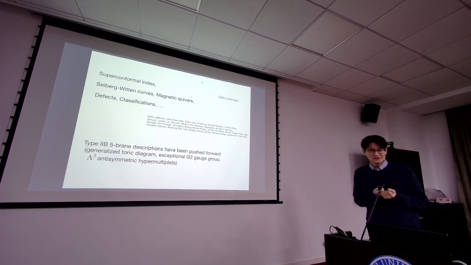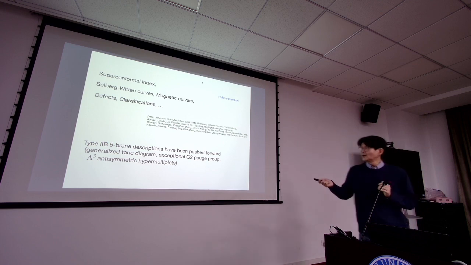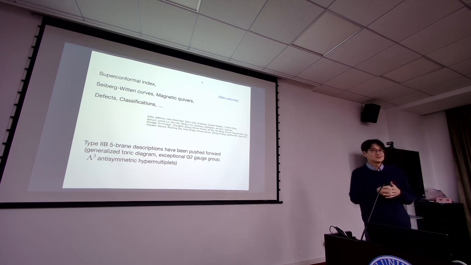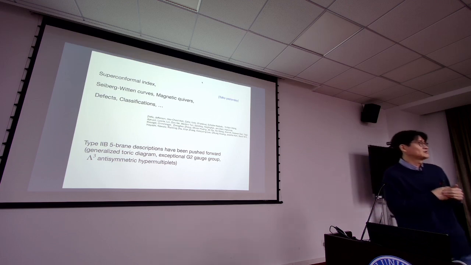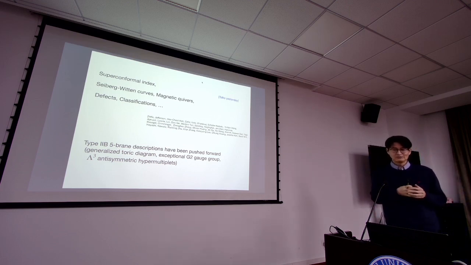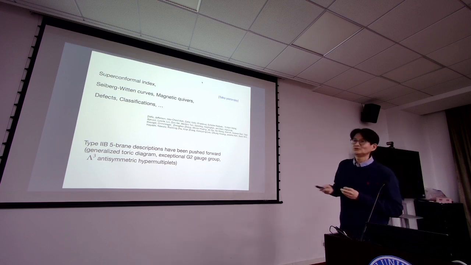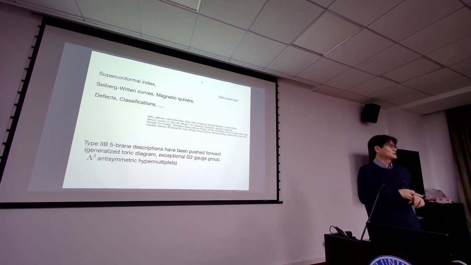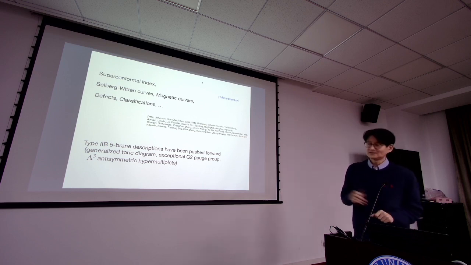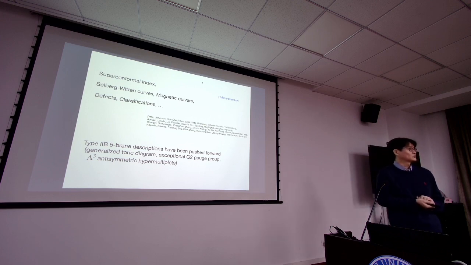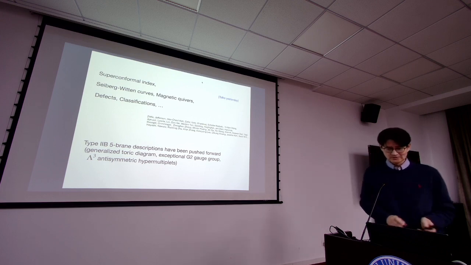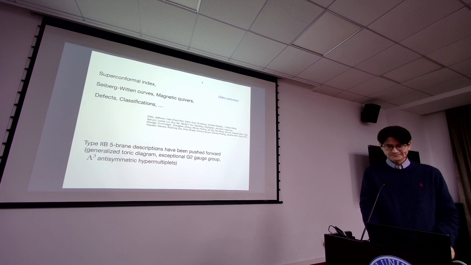That's quite amazing, because usually people thought the exceptional gauge theory is very difficult to construct based on this type IIB brane configuration. And also from the matter point of view, not only the fundamental or antisymmetric or symmetric hypermultiplet, a rank 3 antisymmetric hypermultiplet was also constructed. This is notable progress.